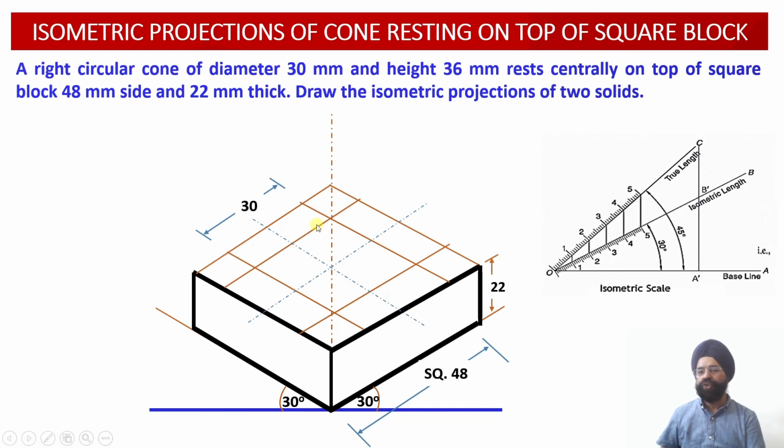Now by virtue of drawing these four projector lines, I have been able to obtain a square, please check, on top of this square block, and this square is resting centrally on top of the square block. Now I know that a square appears to be a rhombus in the isometric projection. So I have drawn a square, but it is appearing to be like a rhombus over there.